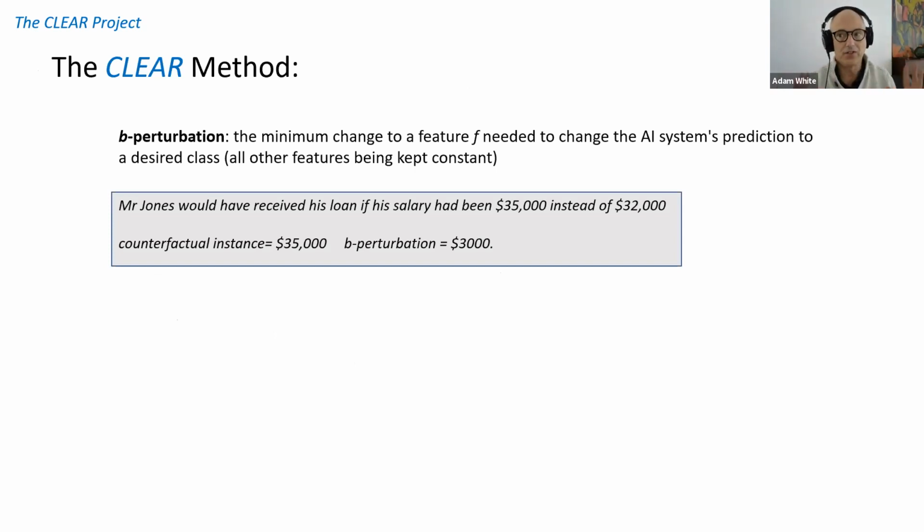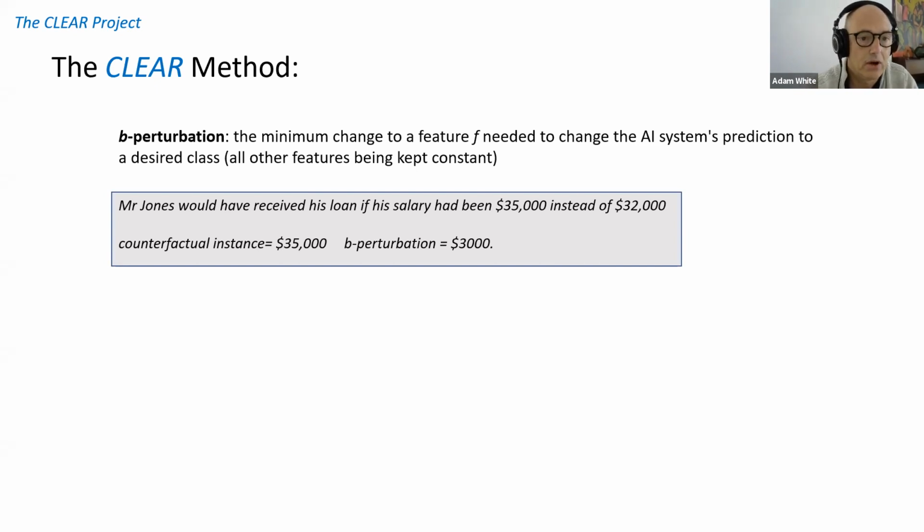Okay, now before I go into the CLEAR method in detail, I first of all just need to define what we mean by a b-perturbation, where b stands for boundary. A b-perturbation is the minimum change needed to a feature in order to change the AI system's prediction to a desired class, where all other features are being kept constant.